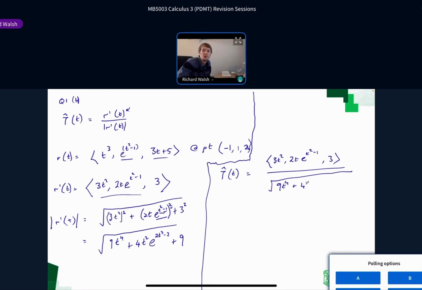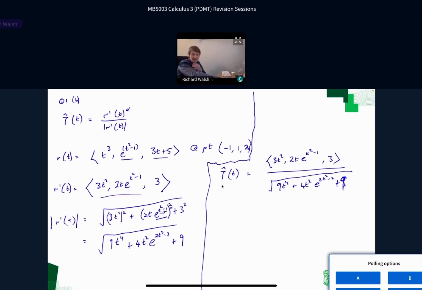Now, we're asked to evaluate that unit tangent vector at a point. The point is in Cartesian coordinates, x, y's, and z's. So we're going to have to find the t value that goes with that point, right? Because I can't sub in x, y's, and z's into what I just wrote.